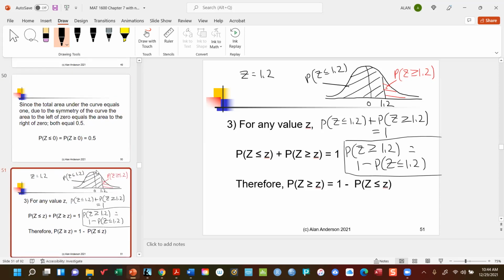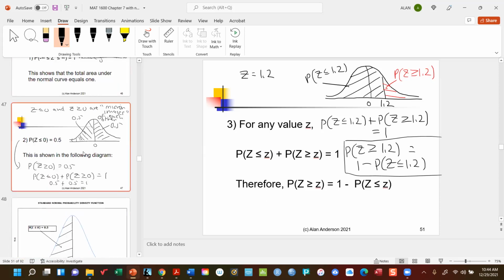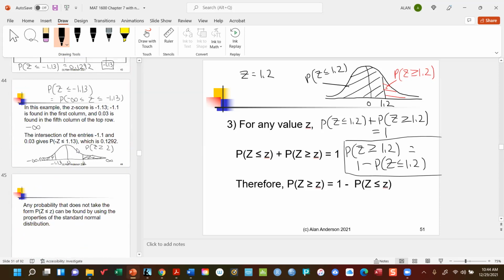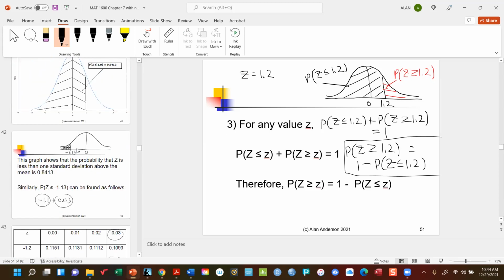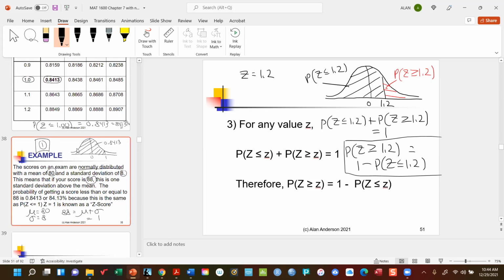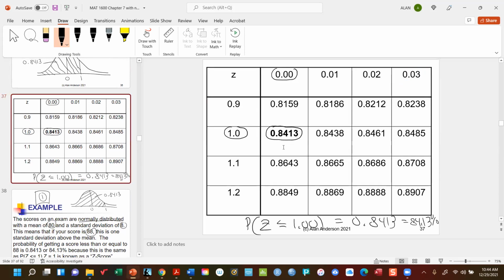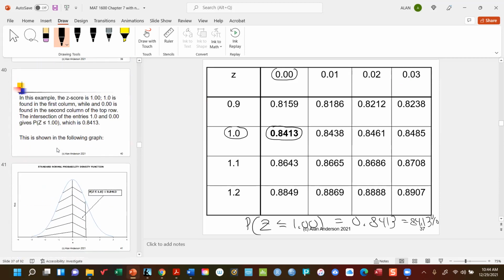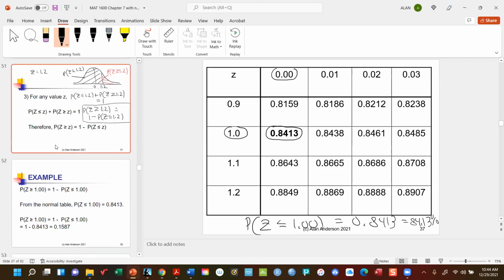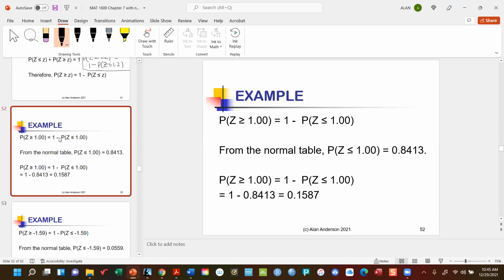All right, now let me just quickly remind you, we earlier calculated the probability that z is less than or equal to 1 to be 0.8413. We did it the normal way. We looked at the table. So what we're going to do now as an example of this is calculate the probability that z is greater than or equal to 1.